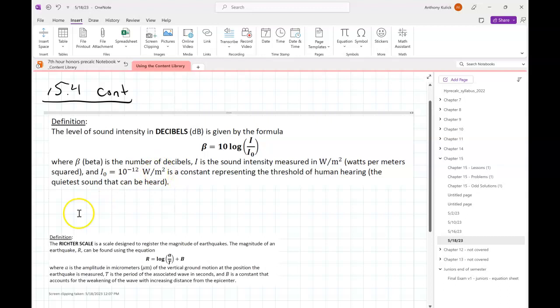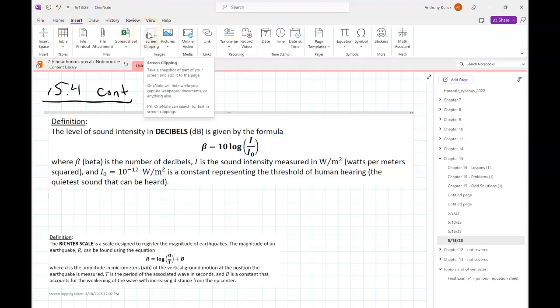And that represents the theoretical threshold for human hearing, what's the quietest sound in theory a human could hear. I say in theory because different people have a different level of hearing, right?